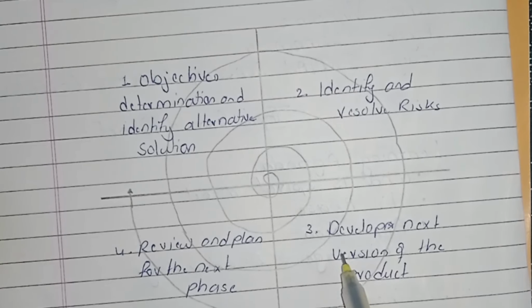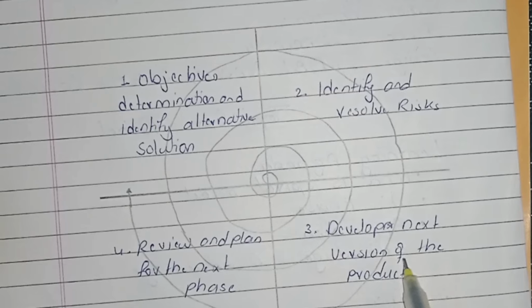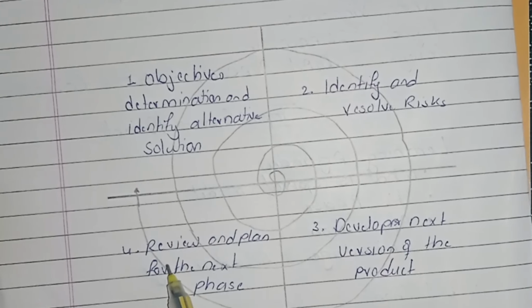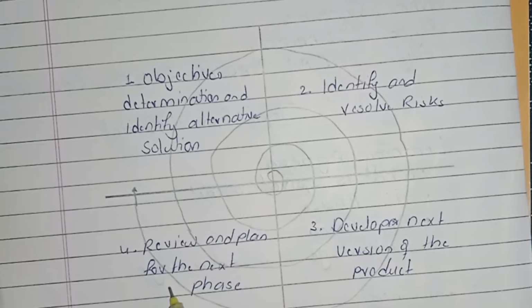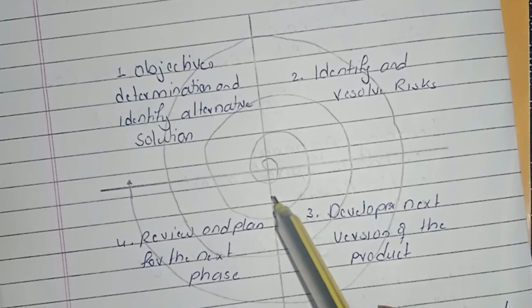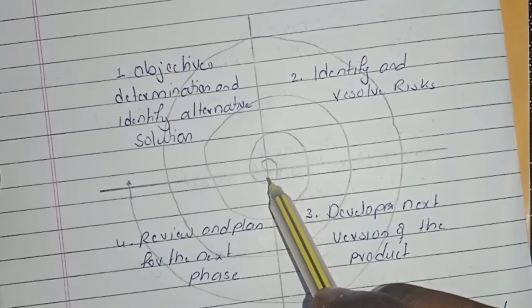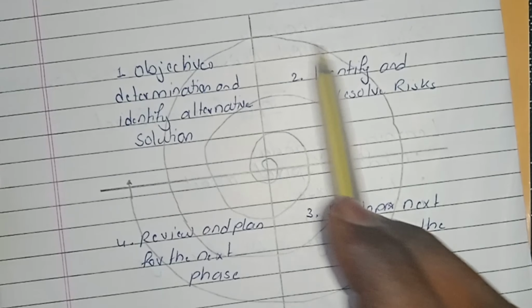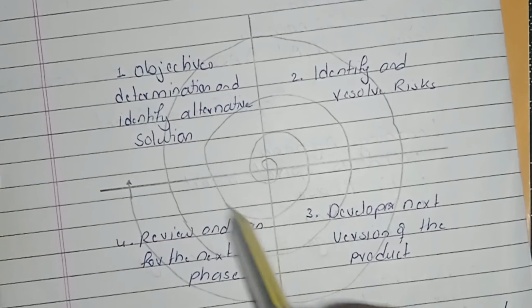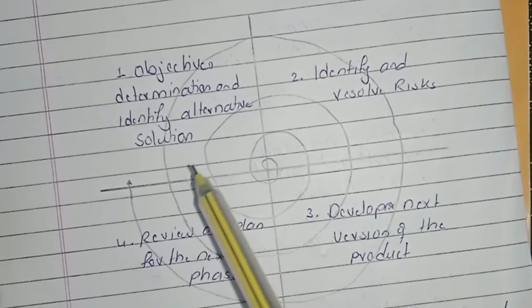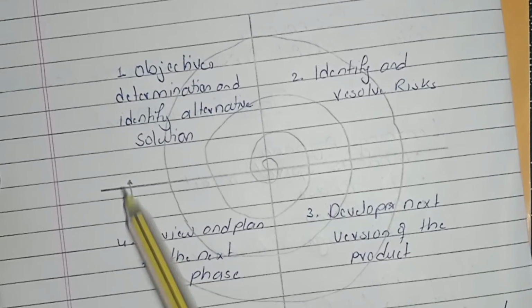The third step is to develop the next version of the product. The fourth is to review and plan for the next phase. You can see this like a loop, a spider web. This is known as iterative. Iterative means, as I said at the beginning, it will keep on rotating in the circle again and again, and it will stop when required.